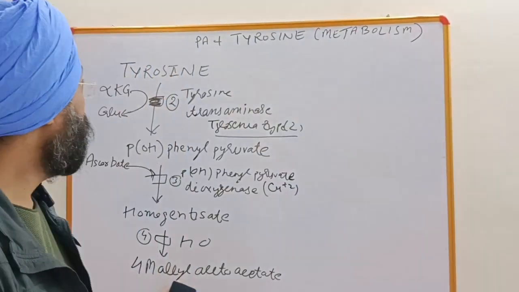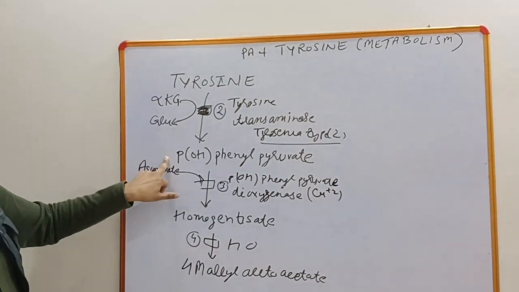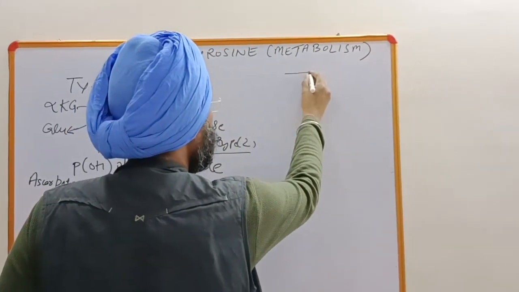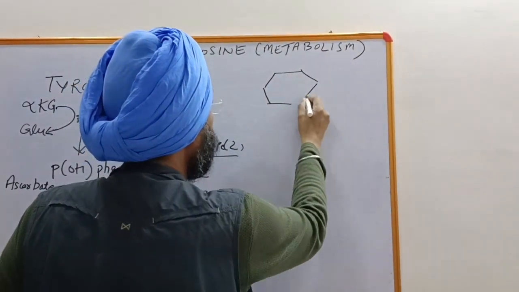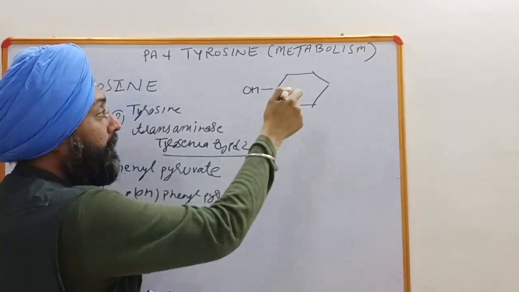Now we have converted phenylalanine to tyrosine. Now we will convert tyrosine to para-hydroxyphenyl pyruvate. So I will draw the structure of tyrosine first. So tyrosine is para-hydroxy phenylalanine, right?